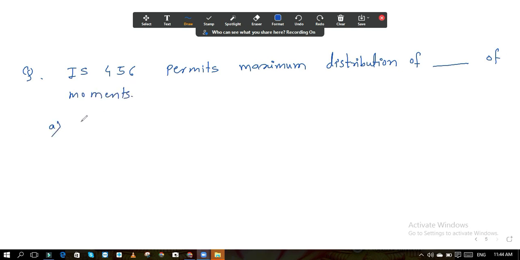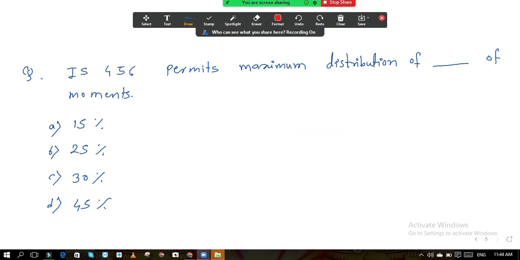Option A is 15%, option B is 25%, option C is 30%, and option D is 45%.